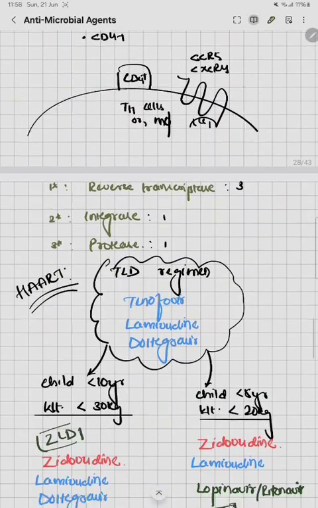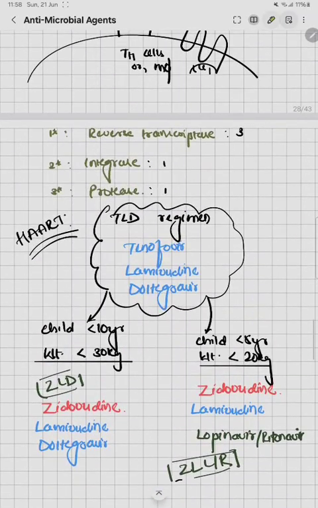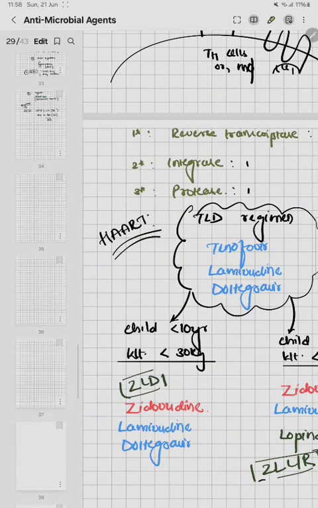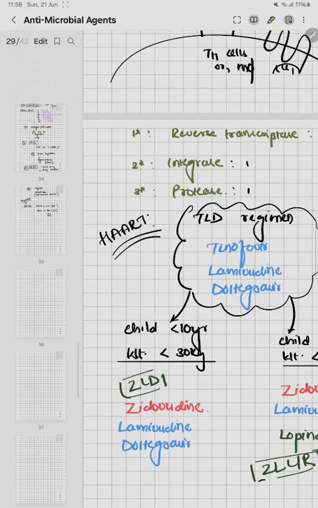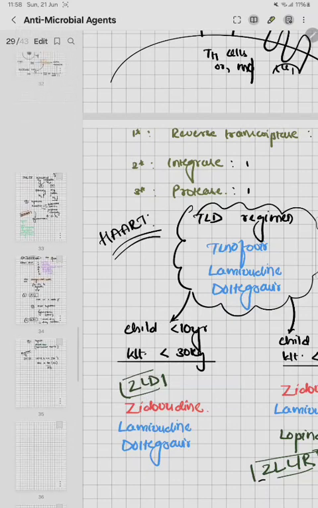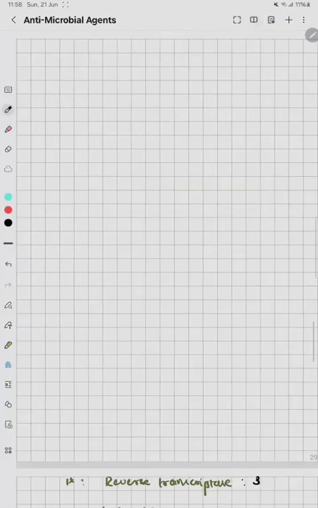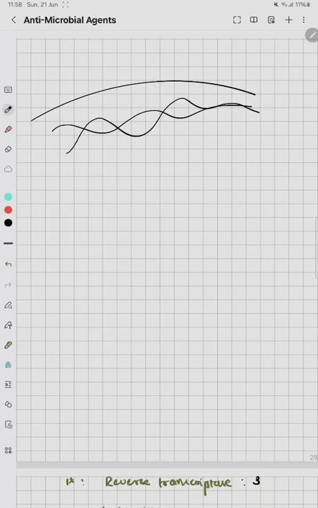We have to first understand the replication of the HIV virion inside the T helper cell to understand the uses of other drugs. So how does the virion replicate inside the T helper cell or macrophage for that matter? Essentially, the ssRNA, which is the viral genome, now enters the human cell.